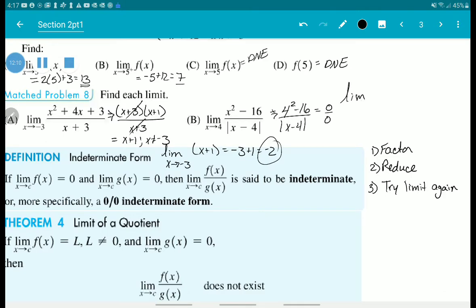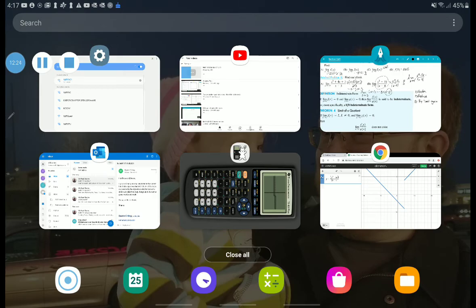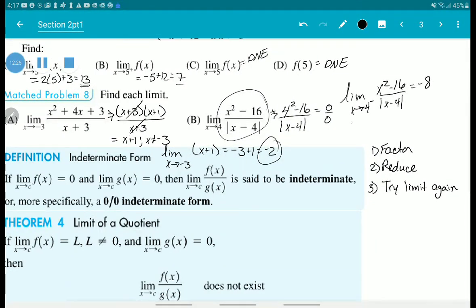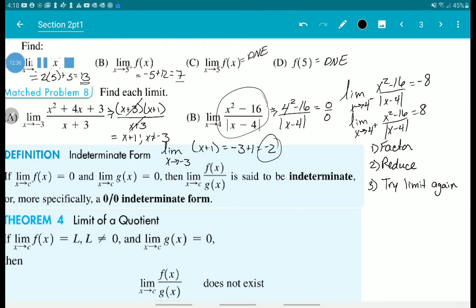So the limit as x approaches 4 of this function from the left was negative 8, but from the right was positive 8, which means that limit at 4 does not exist.